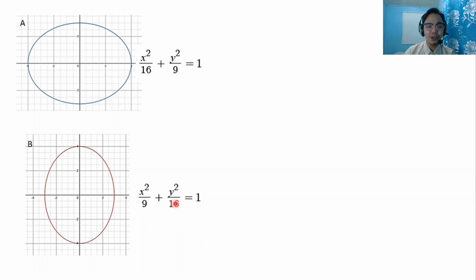So yung 4 kanina na nakahiga, nakatayo na siya ngayon or vertically. From the center, 4 units papunta sa one of the endpoints of our vertices. Then from the center, going to one of the endpoints of the co-vertices, that is 3 units.